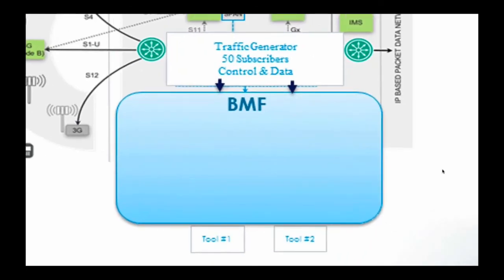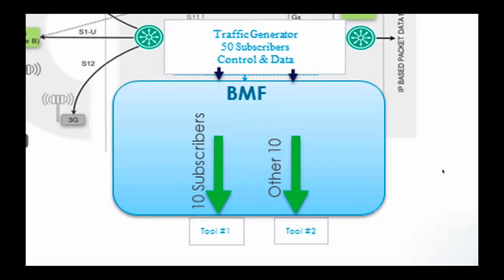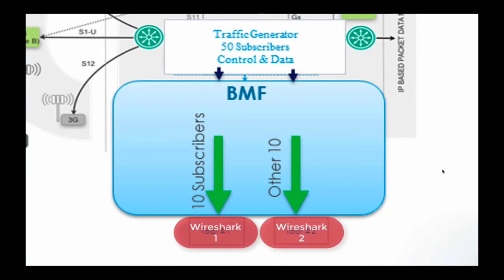Those two are then going to go into the Big Monitoring Fabric, where they're going to be sent over to the GTP service and correlated by 20 different unique IMSIs, and then ultimately sent out to two different tools, where 10 subscribers will go to one of the tools and the other 10 will go to the other tool. The tool itself that we're going to use to show you how it correlates correctly is ultimately just Wireshark. Now I will start with the demo.